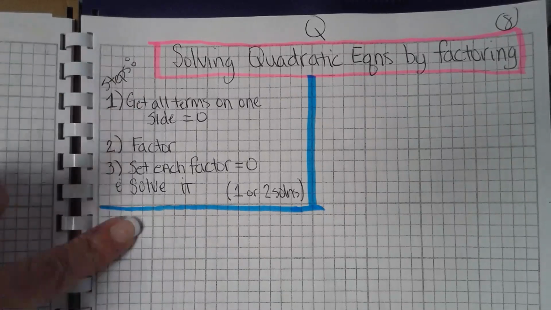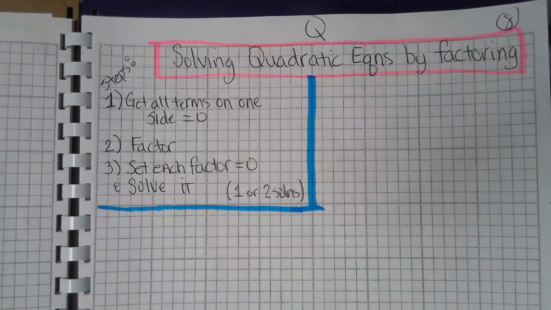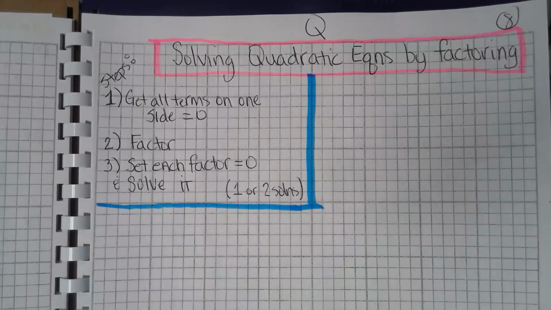All right, so y'all, if you follow these steps, you'll solve a quadratic equation. Okay? So the next thing I've done to help you out is I have kind of separated all 3 factoring ideas that we've done.